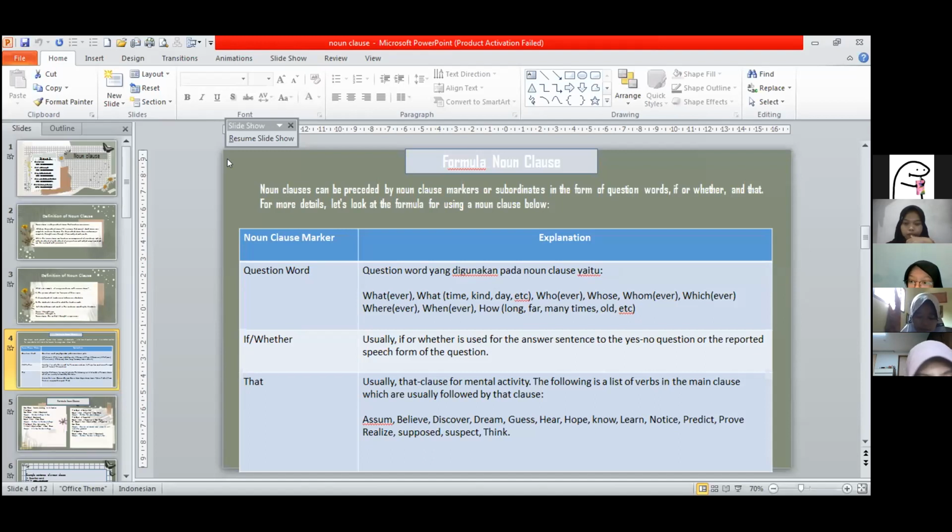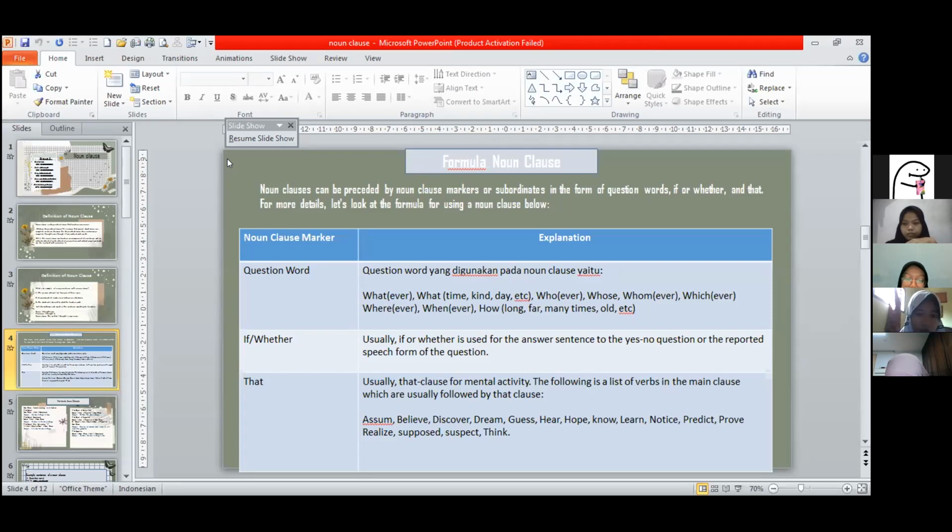Noun clause marker: question word. The explanation: question words that are used in noun clauses are whatever, what time, what kind, what day, etc., whoever, whose, whomever, whichever, wherever, whenever, how long, how far, how many times, how old, etc. And the noun clause marker with if or whether: usually if or whether is used for the answer sentence to the yes/no question or the reported speech form of the questions.